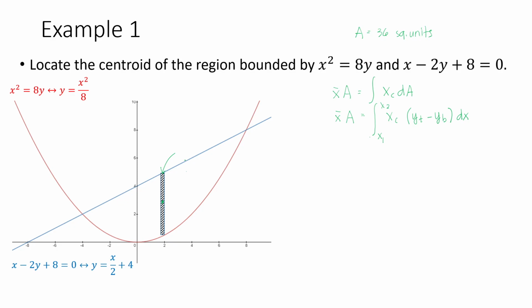That's why we represent it as one vertical strip for the entire bounded region. So x sub c defines the centroid of your individual component, which is the vertical strip. Going towards this distance is x units only. So x sub c is just equal to x units, diba?